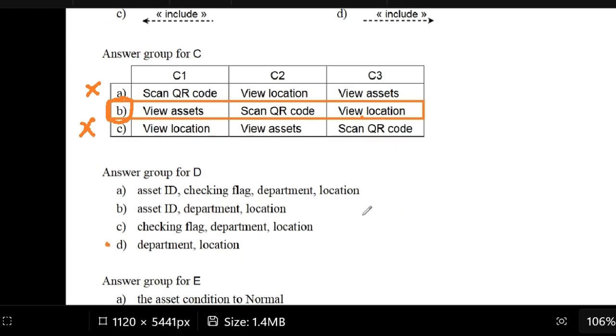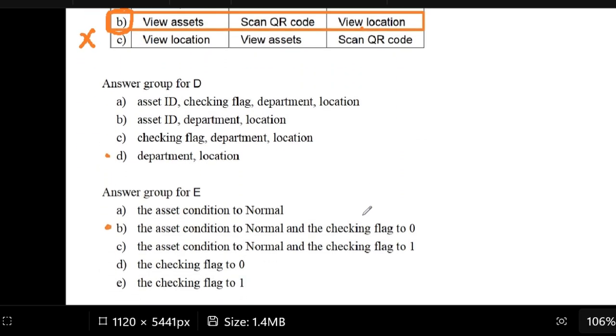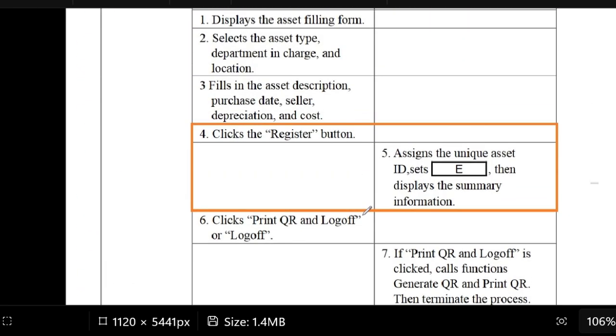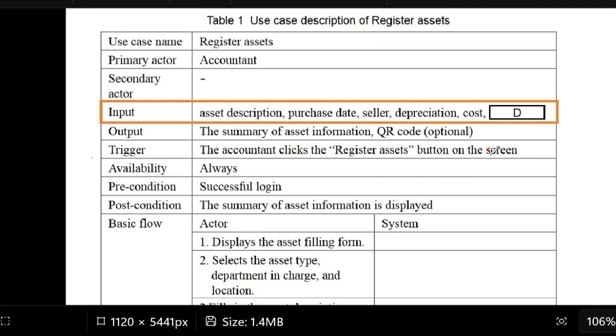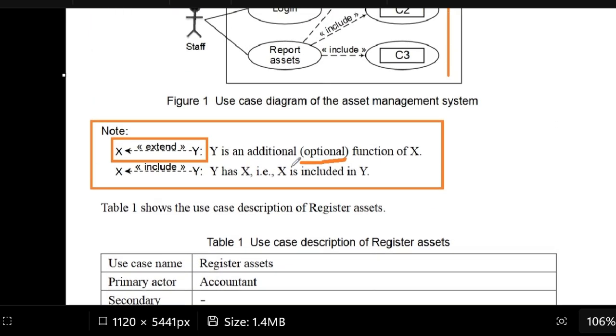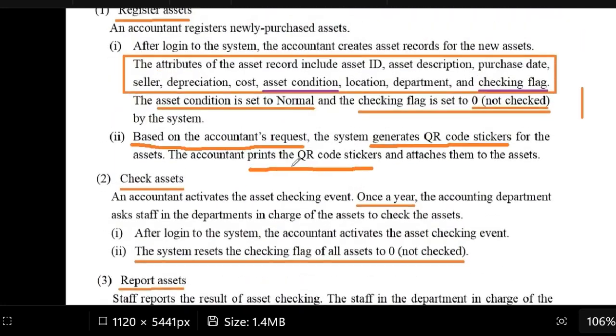Now the next set of blanks, the way to answer them is to find what they're supposed to be doing. In this case, for the input, we have asset description, purchase date, seller, depreciation cost, and blank. If we read the steps, we'll find that this set of phrases is in the first step. It's this one.